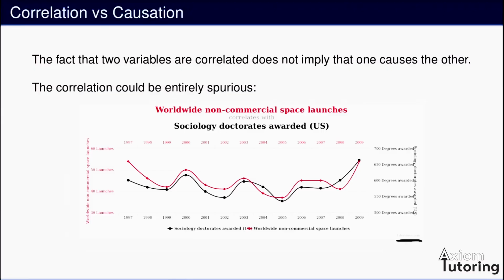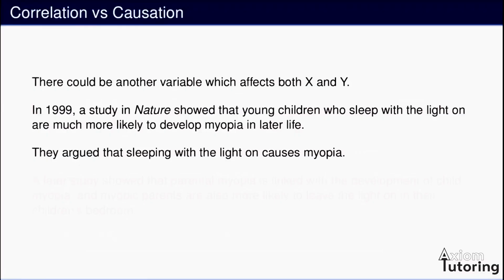But also with any other type of data, you will have this problem of a correlation not necessarily implying a causal relationship between two variables. And I want to give you a very clear case where that happened, and that's based on a study that was actually published in a scientific journal called Nature.